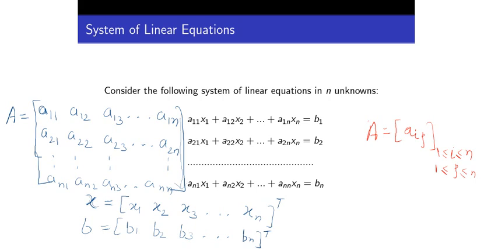This is how the system of linear equations can be written in the equivalent form Ax equals b. We are going to see how we will solve such systems, whether by direct methods or by iterative methods, which one is better, how we will approach this problem, and so on.